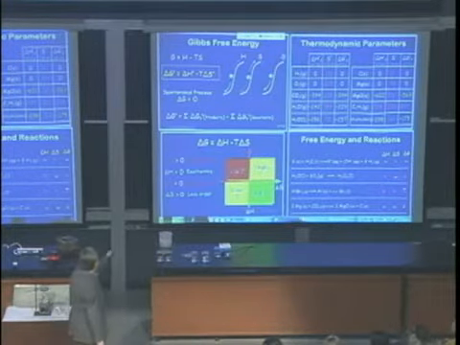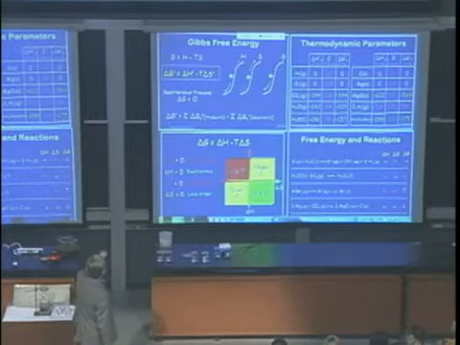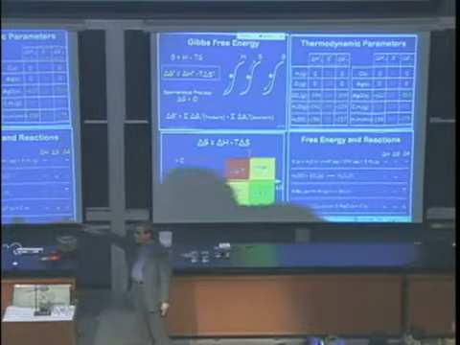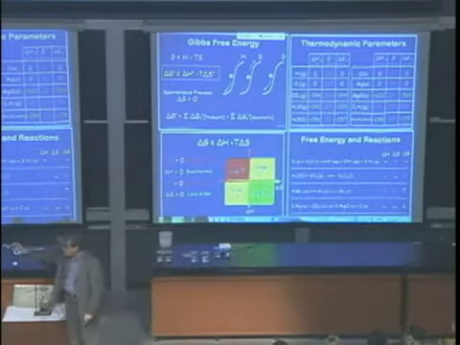Okay? And we know if this is smaller than zero, then we have a spontaneous reaction. The reaction goes in the direction that we have calculated, or have written the reaction.